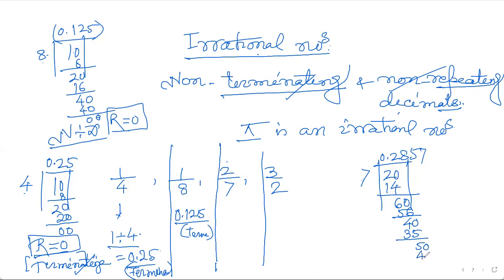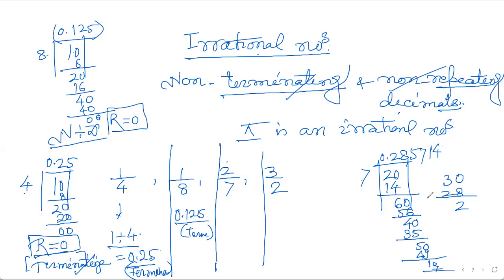This is a continuous process, and sometimes people get frustrated, but you must carry on the process to check how this is taking shape. 49, remainder 1, put a 0 here again. 7 ones are 7, remainder 3, put a 0 here again. 7 fours are 28, and here you are getting 2 again. So the same cycle is going to repeat.